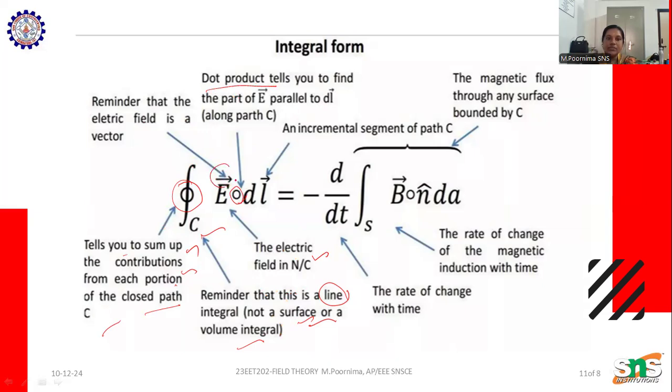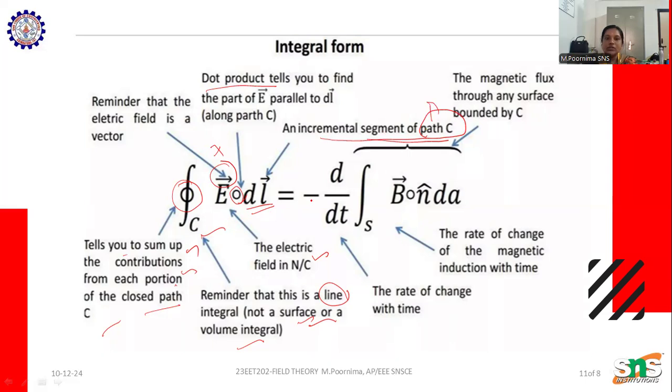This is the vector of the particular field, and dl represents an incremental segment of the path C, that is the line integral.